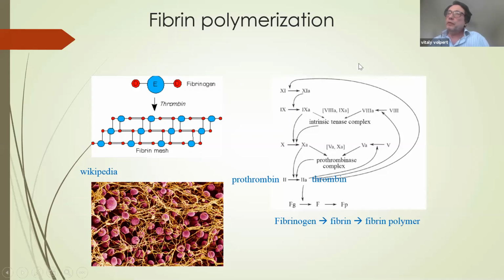And here, what we see is a simplified coagulation cascade, chemical reactions leading to formation of thrombin, and then finally to fibrin polymer. And in fact, this fibrin polymer forms the fibrin clot.